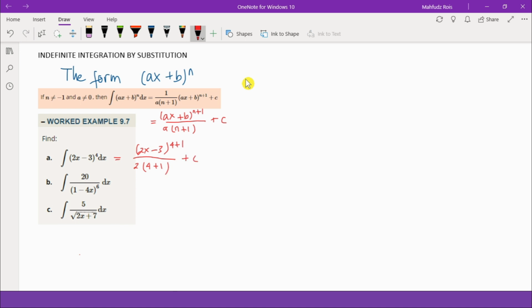If we simplify, it will be (2x minus 3) to the 5th power over 2 times 5, plus c. So in the end we will get (2x minus 3) to the 5th over 10, plus c. Okay, so this is for A.